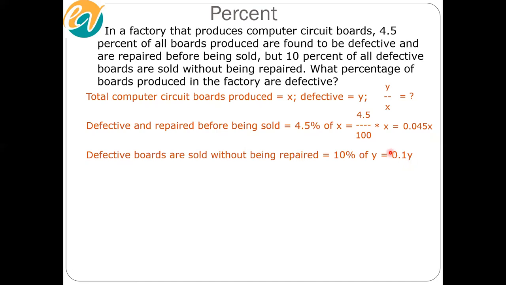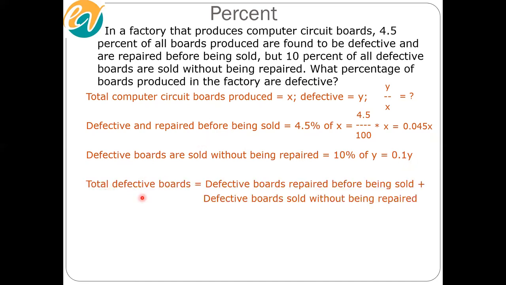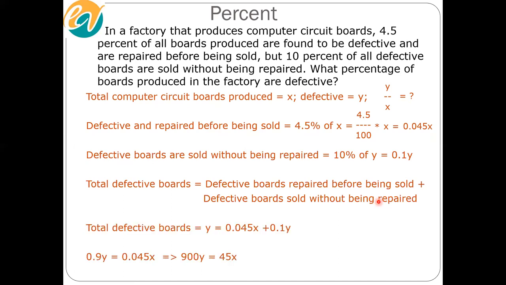Again, the same thing: the total number of defective boards is equal to the defective boards repaired before being sold plus the defective boards sold without being repaired. This would again bring you to the same answer. So we convert it into a percentage and arrive at 5%. All right, a slightly tricky question.